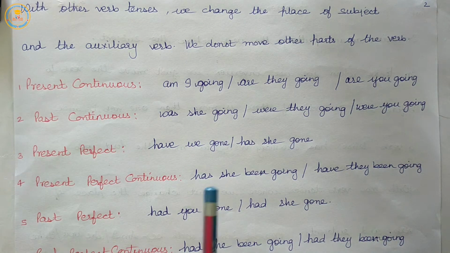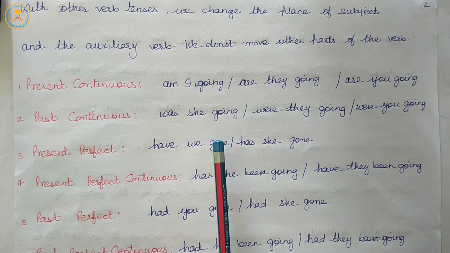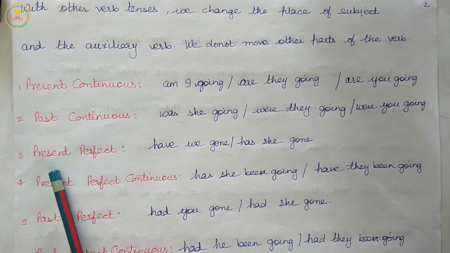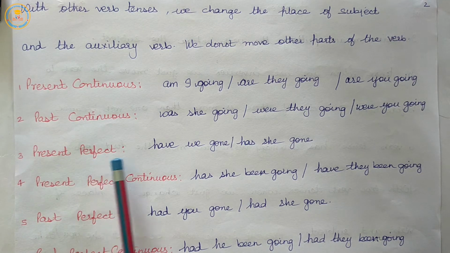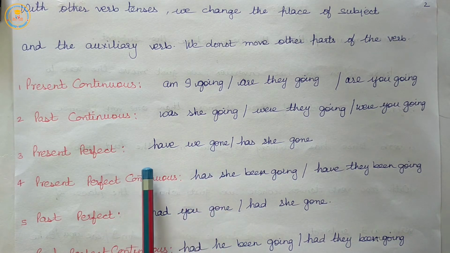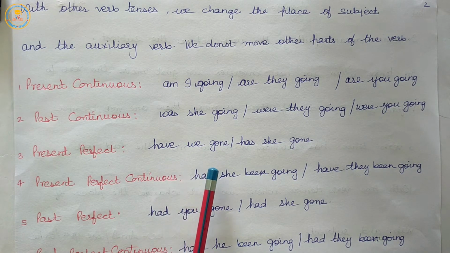So, with these tenses, we change the place of subject and the verb, but we don't move other parts. Next tense, present perfect tense. Have we gone? Have we taken? Have we eaten? Have we done our work? Has she gone?